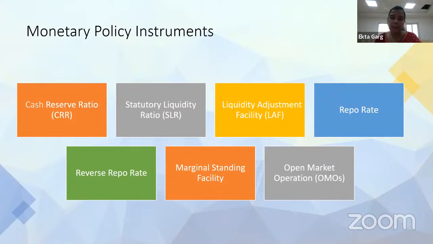Commercial banks have to keep a certain amount of money as a proportion of their net demand and time liabilities, to ensure that there is liquidity in the economy. So a certain percentage of net demand and time liabilities, whatever deposits a commercial bank attains, the bank has to reserve on a daily balance.